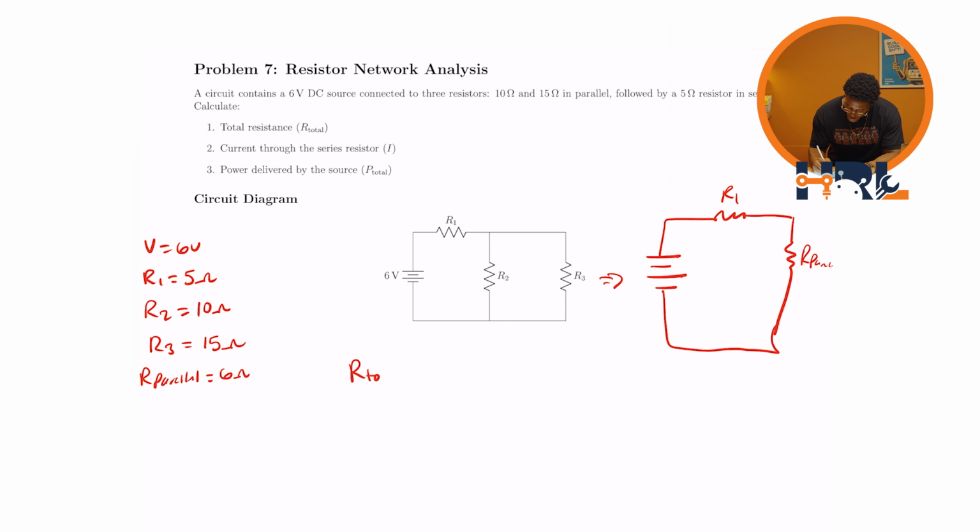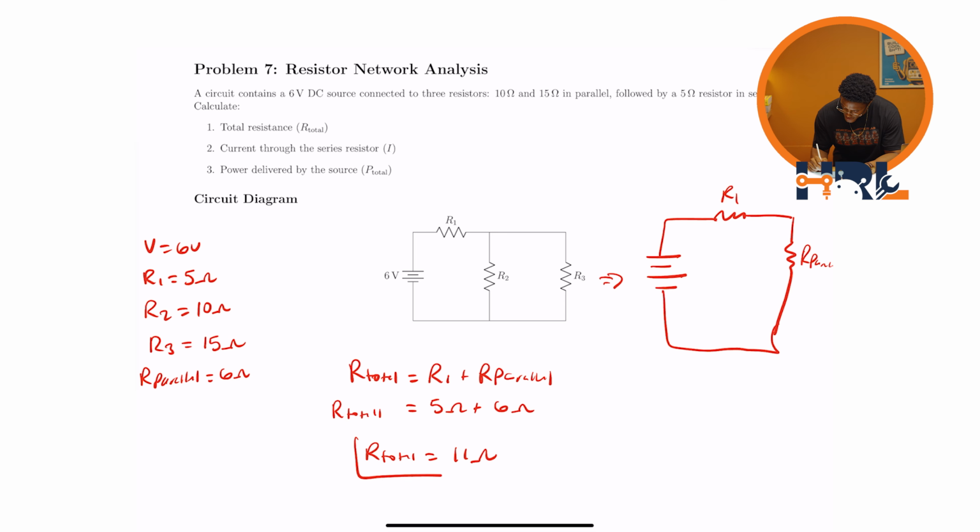So our total is equal to R1 plus R parallel. Beautiful. So this is equal to 5 ohms plus 6 ohms, and so our R total is equal to 11 ohms of resistance. Nice job.